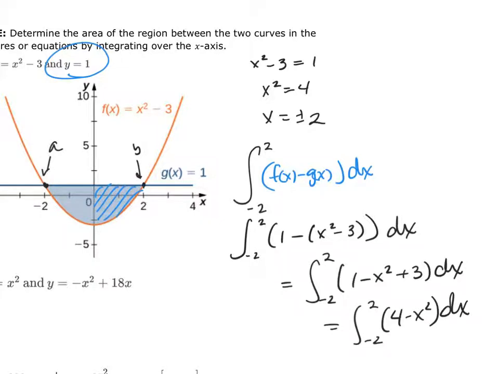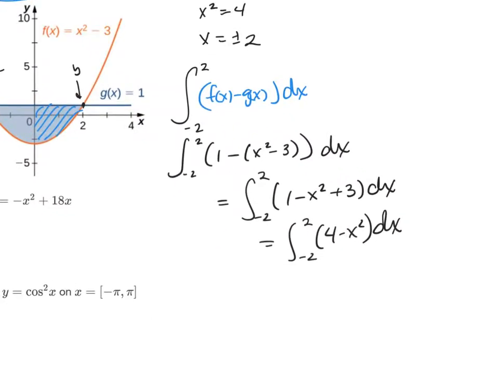Now, because of the fact that this thing is symmetric, then I can rewrite this as 2 from 0 to 2, starting with 0 and going to 2, of 4 minus x squared dx. And that's because I have symmetry about the y-axis.